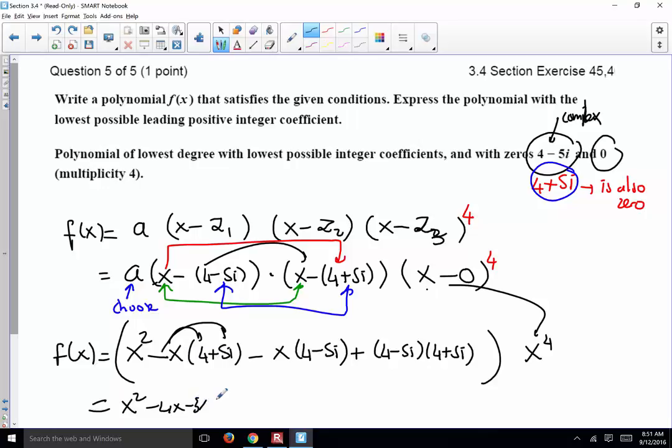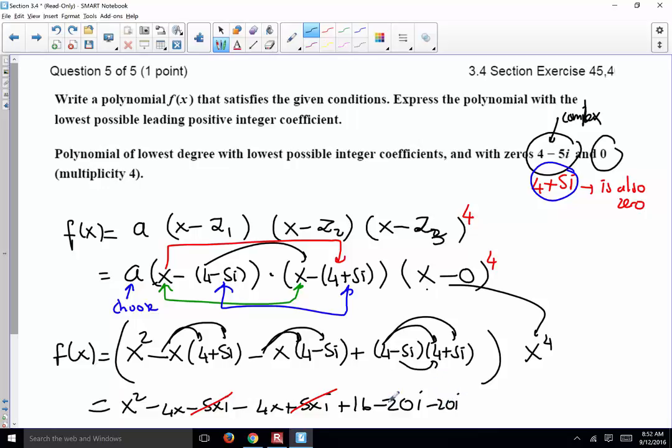Now distribute this: minus 4x, but this time plus 5xi. Guess what happens? These two cancel. And I have 16, I have 20i, I have minus 20i, and I have minus 25i squared, and x to the fourth.